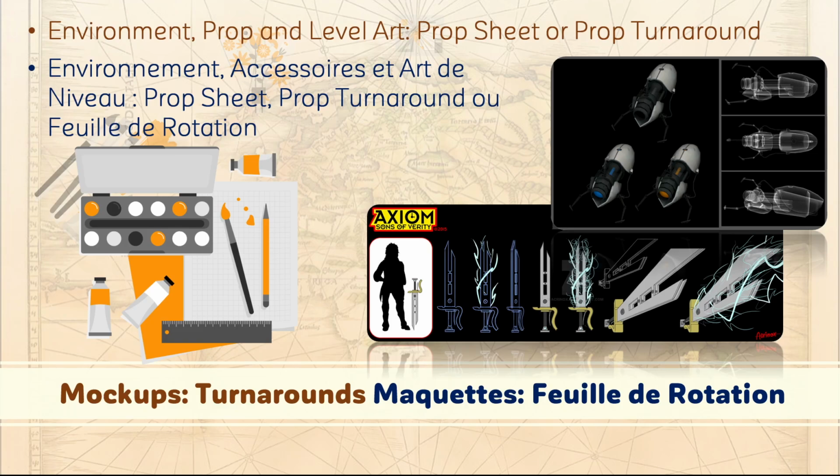It depends if it's asymmetrical, and if it hides something behind. So you want all sides, and this is for props and level art: anything static, anything mechanical, hard surface objects, weapons. It's called a prop sheet or a turnaround, and you put it in your mood board near the end.